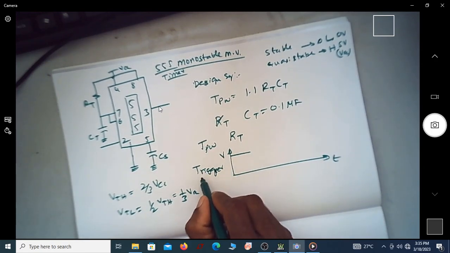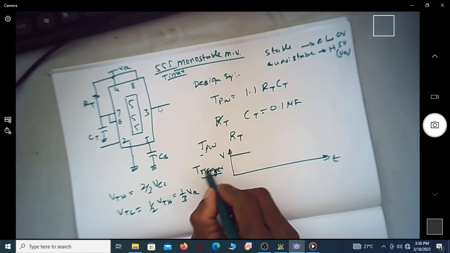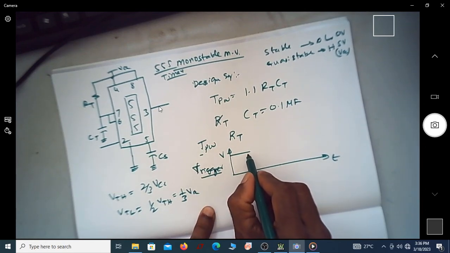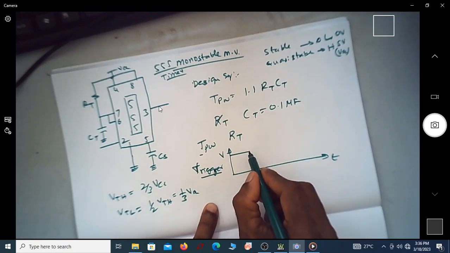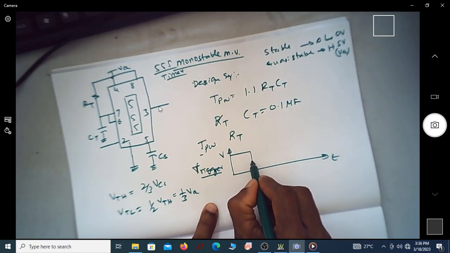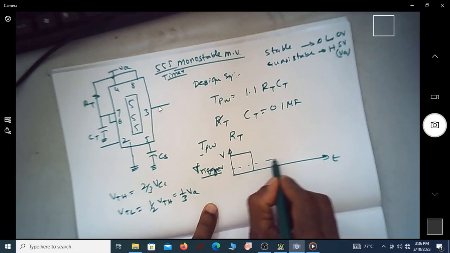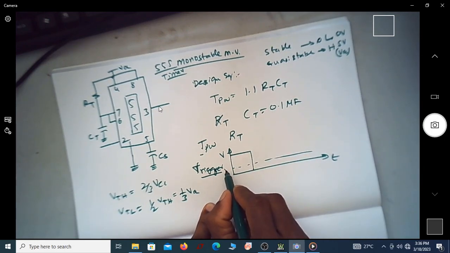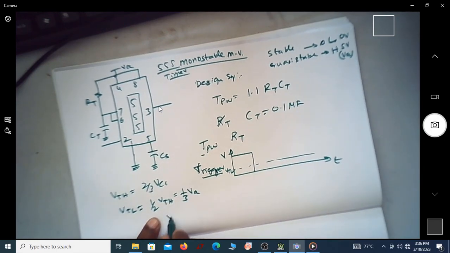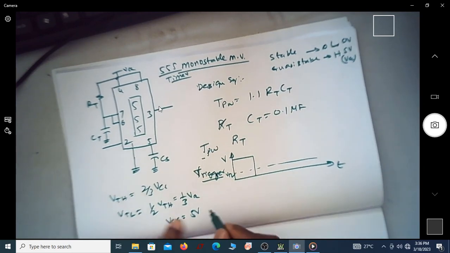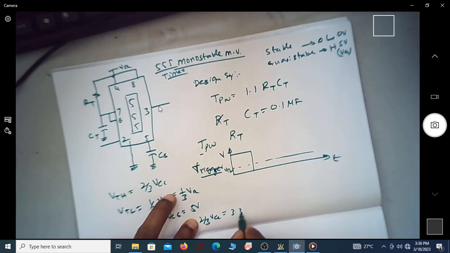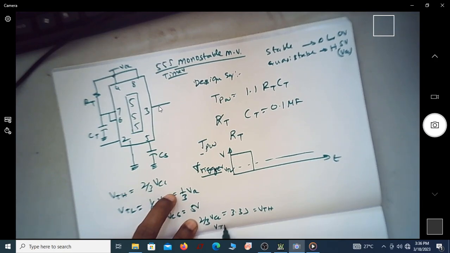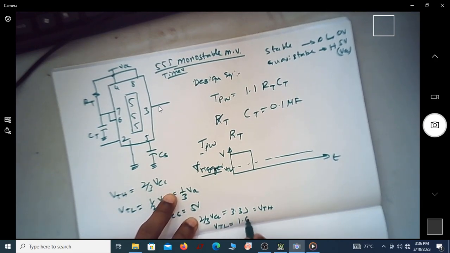As long as this V trigger is greater than VTL, it's not a trigger signal. If I apply a trigger signal less than VTL, suppose you consider VCC to be 5 volt, then 2/3 of VCC, which is VTH, will be 3.33, and the corresponding VTL happens to be 1.66 volt.